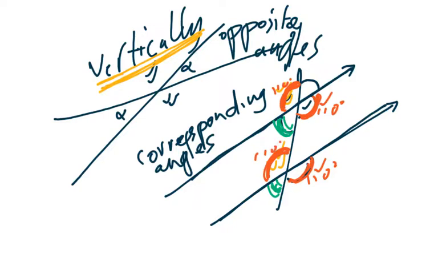Now, if that is 110, we can see that this line, that line, let me change to that. That line is cut by that transversal line.